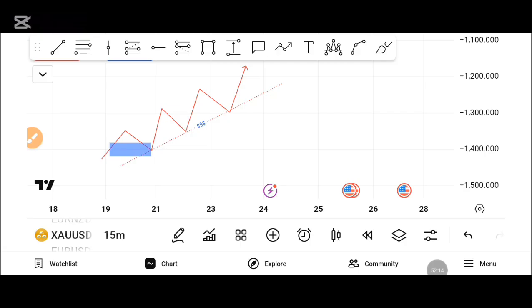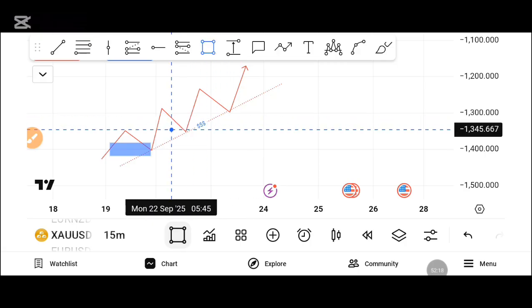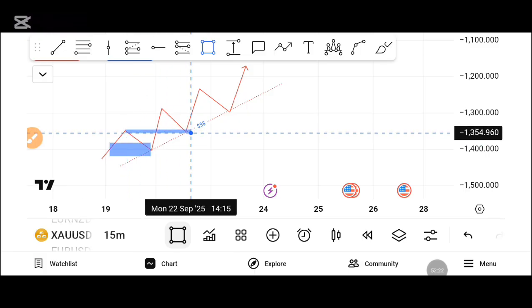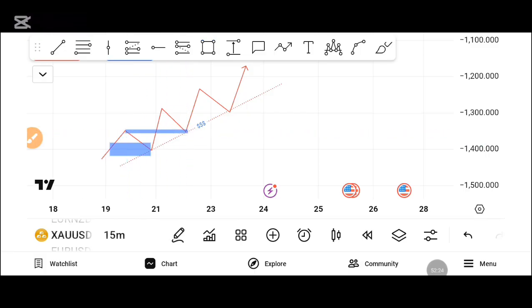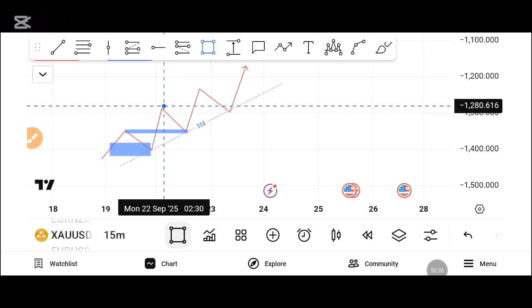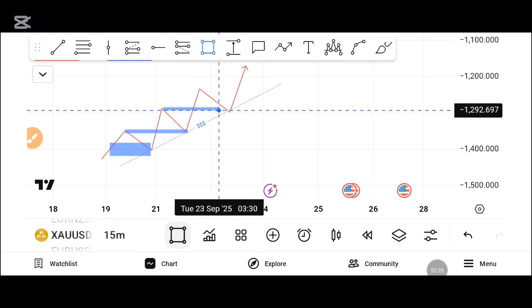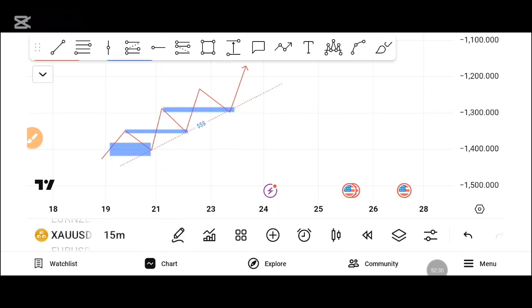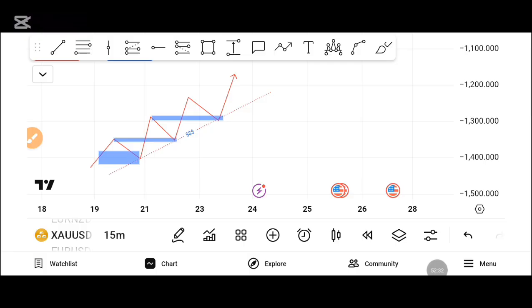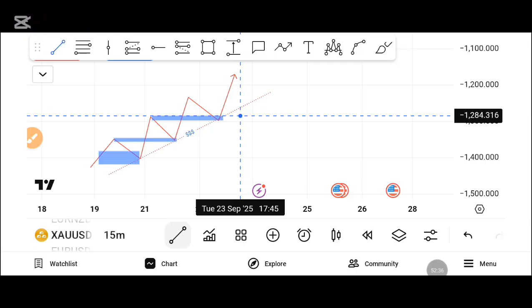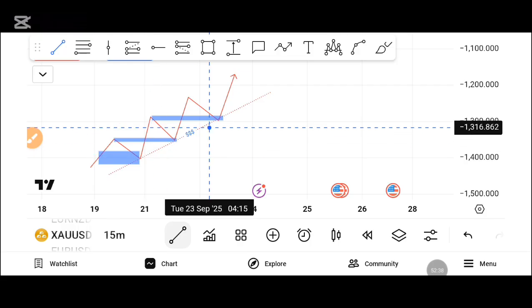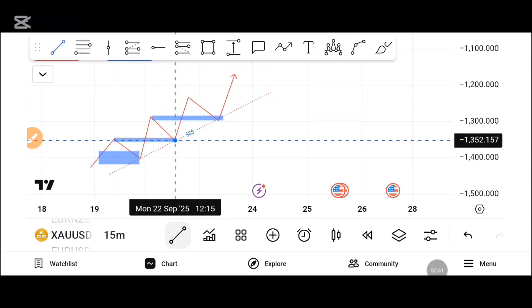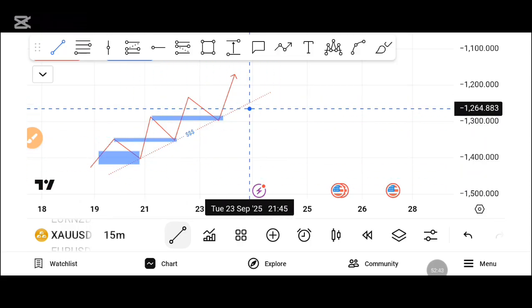Buyers are buying from here, buyers again are buying from this zone, and buyers are buying from this zone. Without liquidity, without inducement, this is just a minor swing trend, and all these minor swings are liquidity moves.